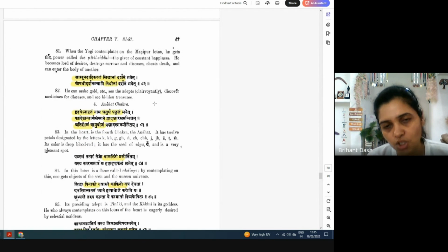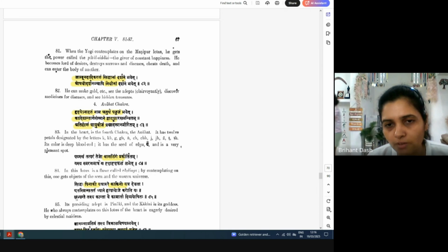Now the Anahata Chakra, your fourth chakra. Now it is said, Hriday Anahatam, the place of the Anahata Chakra is your Hriday, and it is the fourth Pankaj, means it is the fourth chakra. Ka to Tha, here also they are mentioning the Varnakshar, that it is Ka to Tha, and Dwadash.